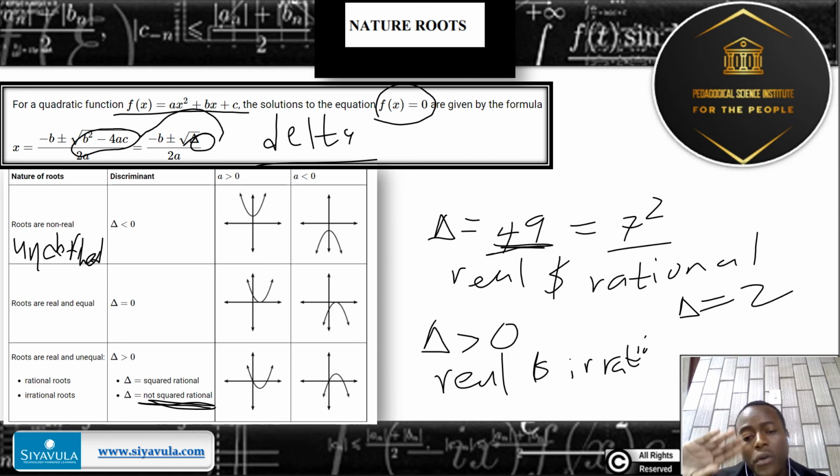So we say the roots are real, but they are irrational because our delta is not a squared rational number. If it's a squared rational number, we say they are real and rational. Okay, let's quickly look at some examples in order to enhance your understanding of this.